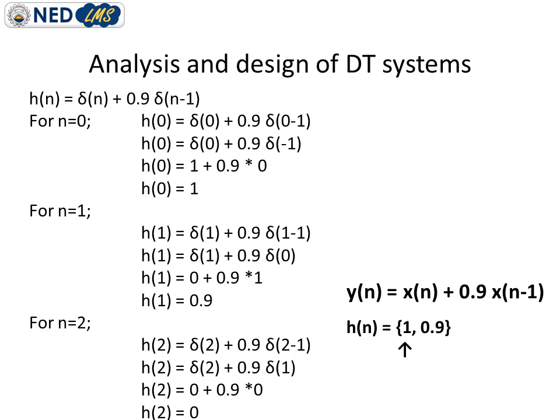So we have to choose the range of n very smartly to determine the overall impulse response. So you can see that if we further increase n is equal to 3, 4, 5 and so on, our function will become like this, so that the value of delta function remains 0. So we will get h of 3, h of 4, h of 5 and so on, all equal to 0. So we don't need to calculate at these values.